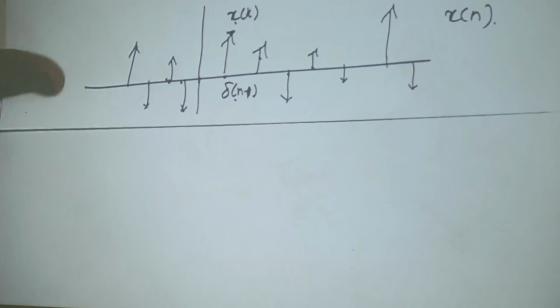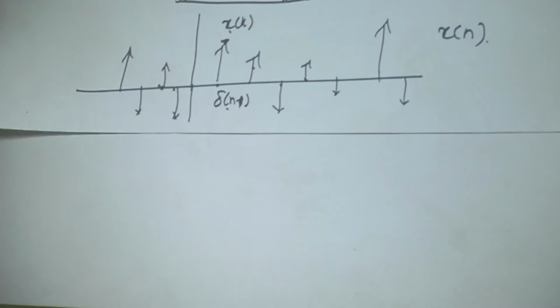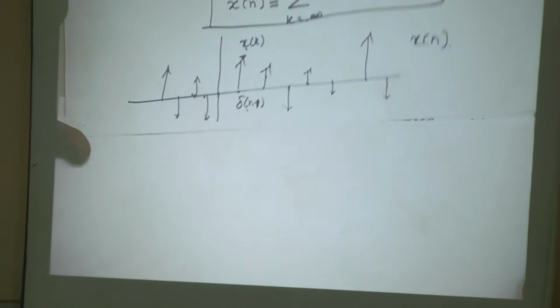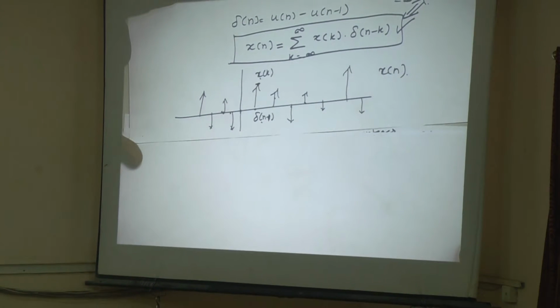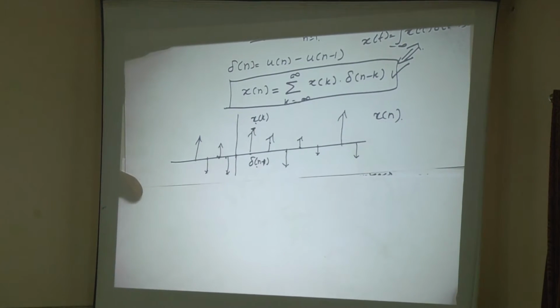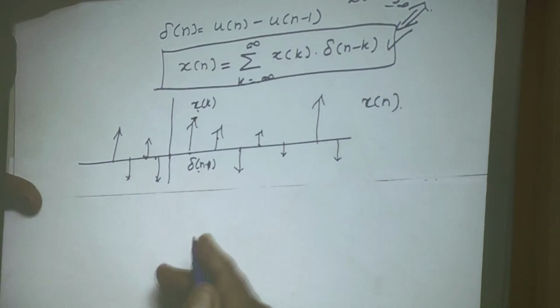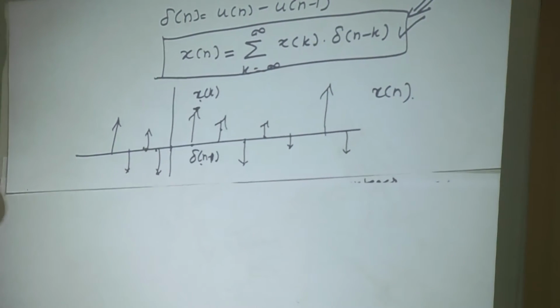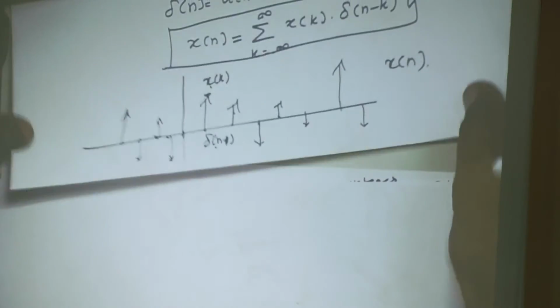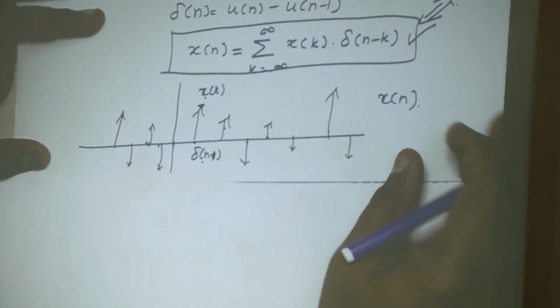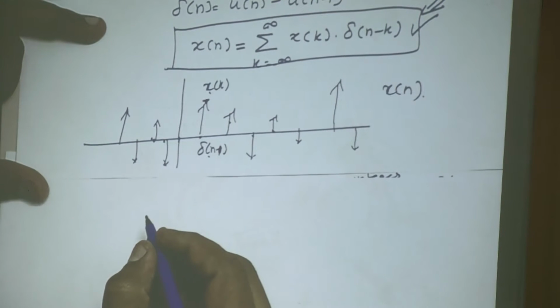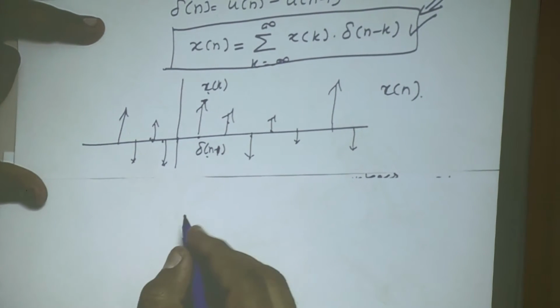Now, we are at the juncture of defining the Fourier transform of discrete time signals. I hope each one of you remembers the Fourier transform expression for continuous time signals.